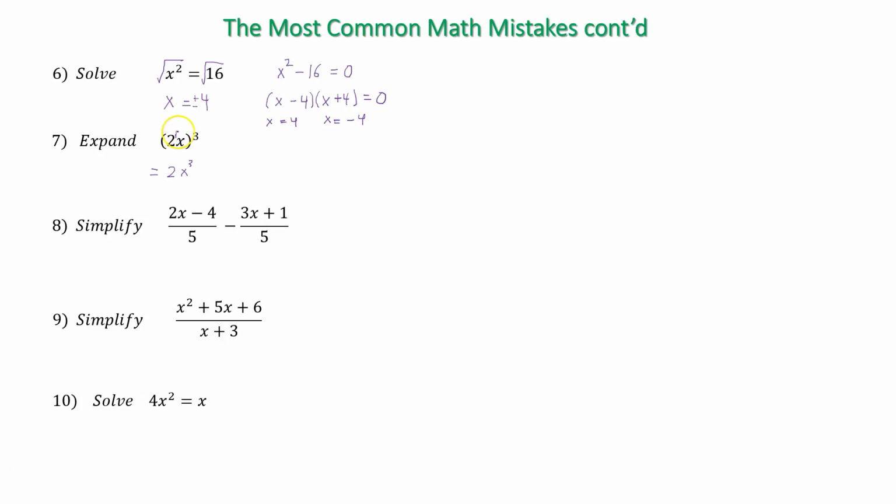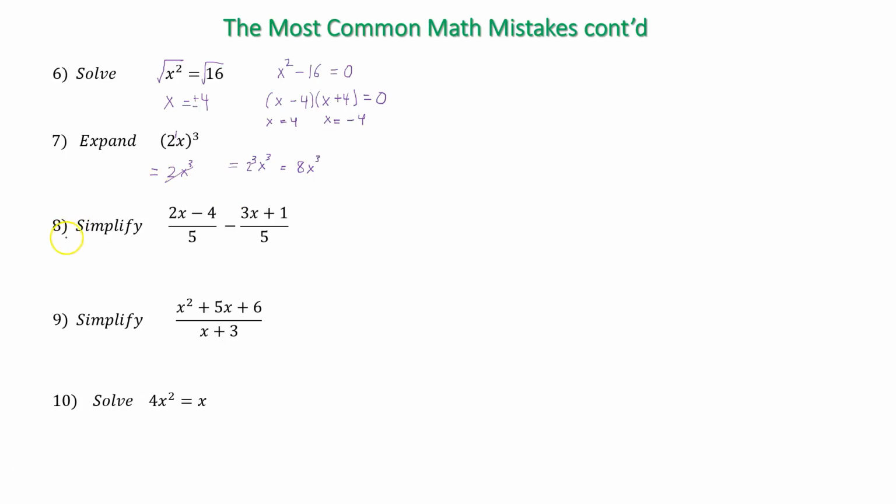So this is 2 to the power of 1. And that 1 has to get multiplied by the 3 that's outside. So this is wrong. This should actually end up equaling 2 to the power of 3, x to the power of 3, which is equal to 8x cubed.